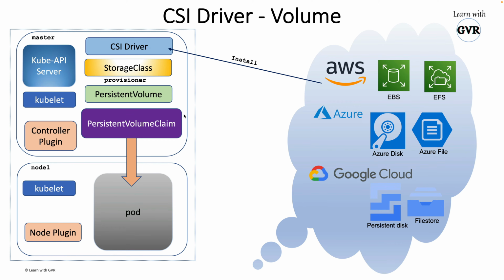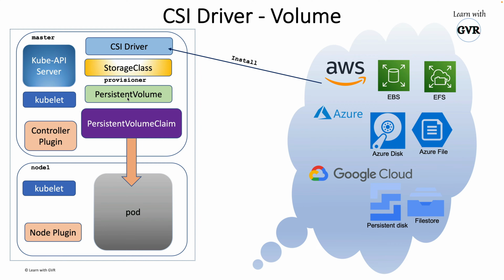These are the very high level steps which the CSI driver provides. So overall, for a pod to use any of the cloud storage, CSI will provide a driver, storage class, provisioner, and accordingly it will create a persistent volume.